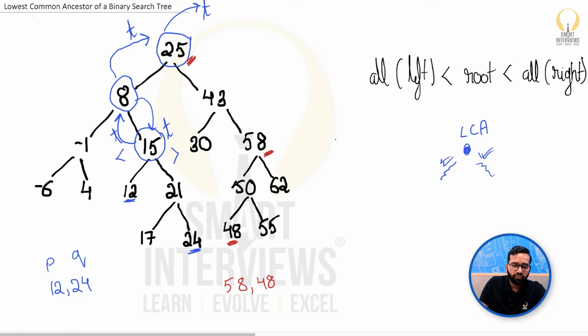So you'll continue to search only on the right side. You'll be skipping the entire left subtree. Again at 43, you'll realize that both P and Q are greater than 43. You'll continue searching only on the right side. The moment you reach this, that is, it is matching with one of the two nodes, P or Q, you'll return the same node.